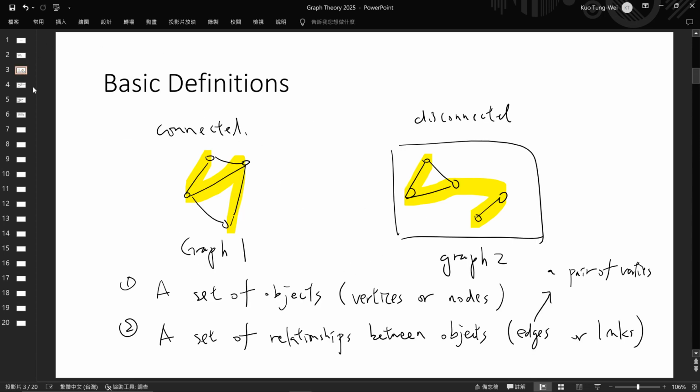According to our definition, this one is not connected because for this vertex, there's no path connecting it to this one or this one or this one. So this one is not connected. If a graph is not connected, we call it disconnected.